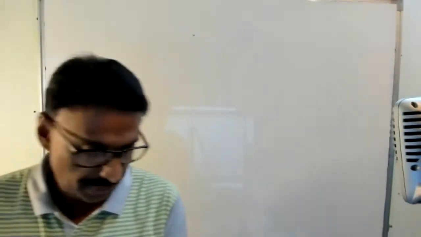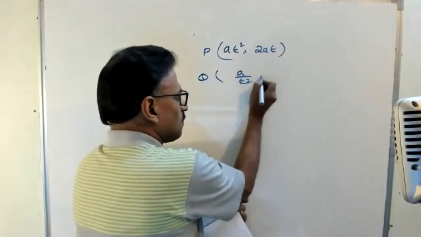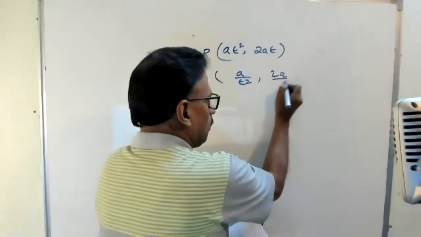If P and Q are two points whose coordinates are: P is a t square, comma 2at. Q is a by t square, comma 2a by t.